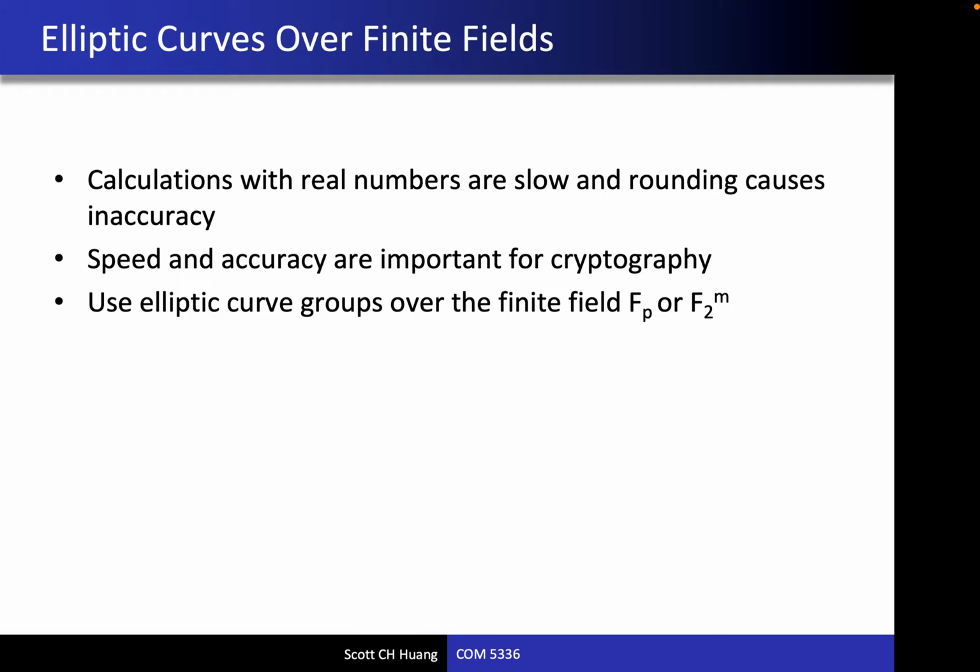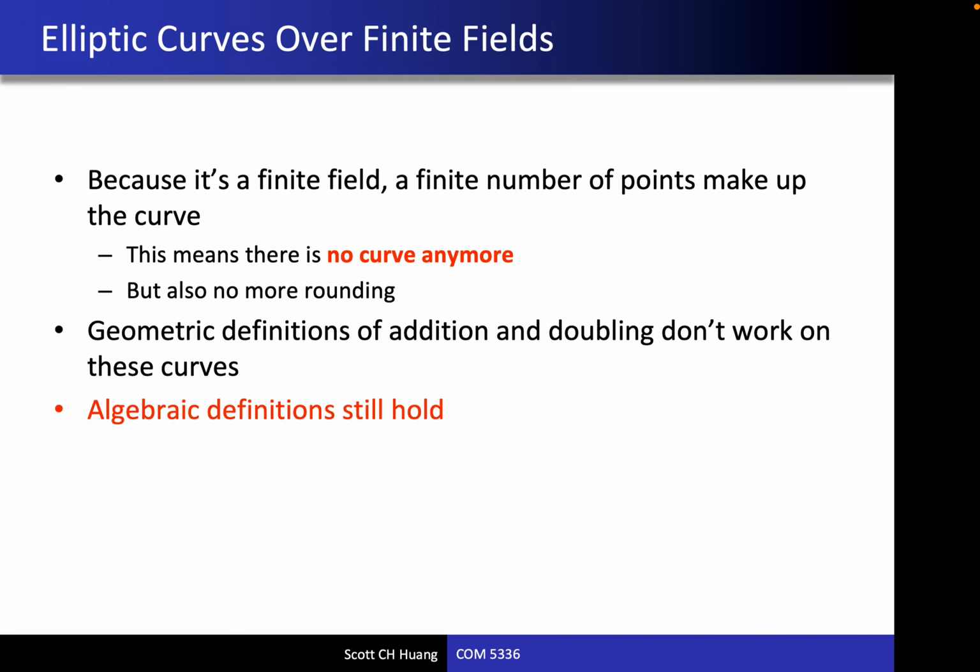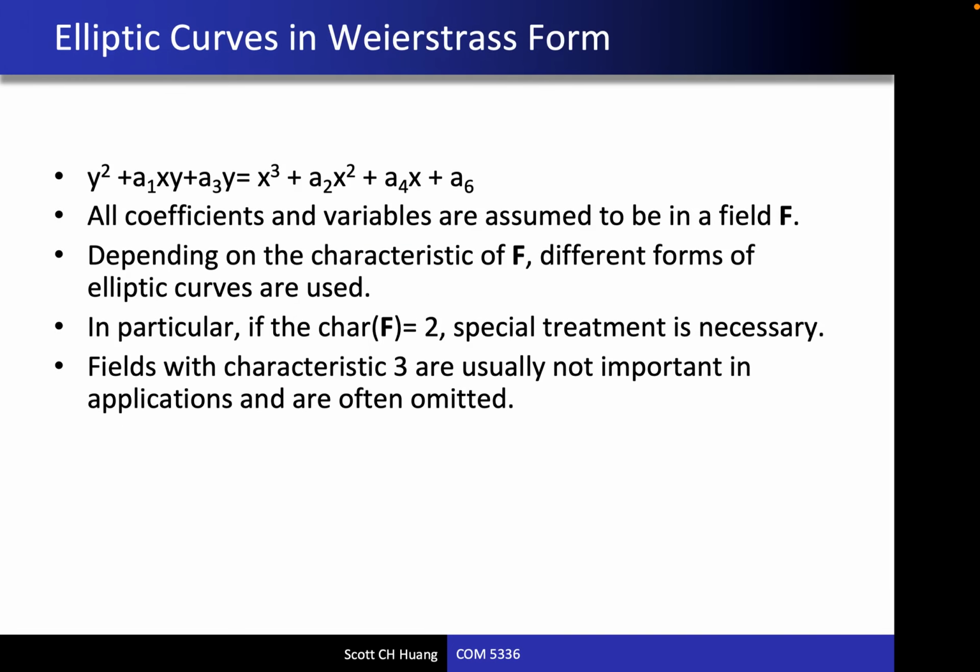If you have special hardware to do that, then it's actually even better to use a binary field. So in particular, if this is the case, then we need some special treatment. And fields with any other characteristics are not important. Nobody's interested in those.